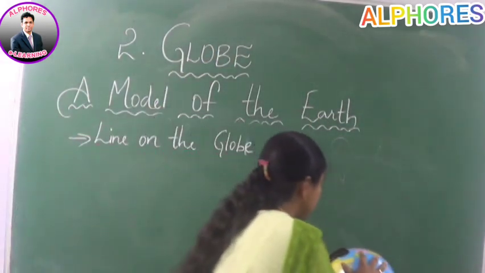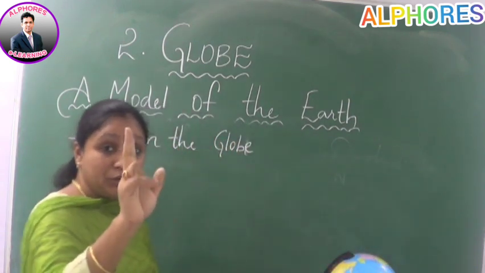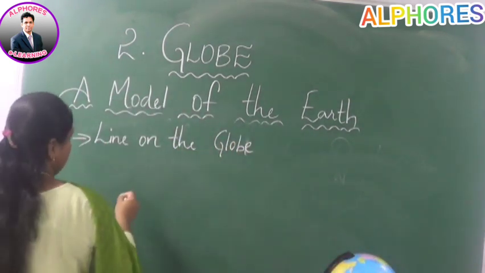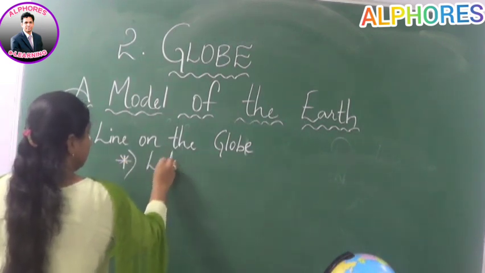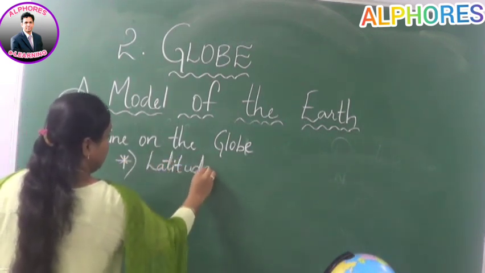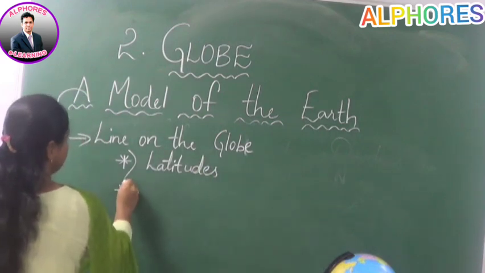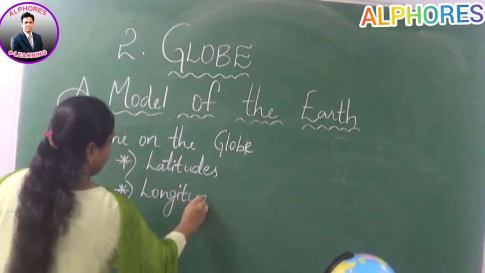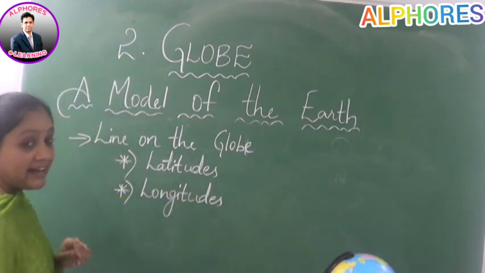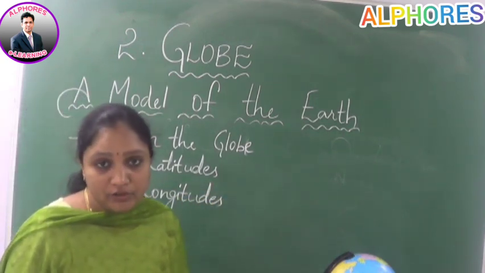So the lines on the globe are of two important kinds. One is latitudes and the other is longitudes.